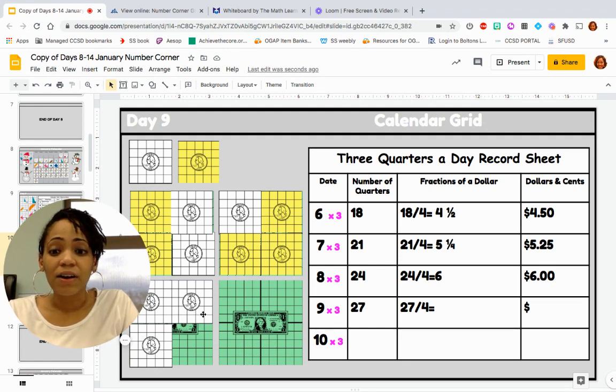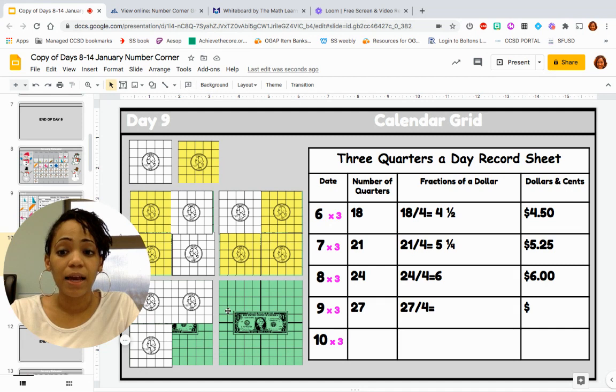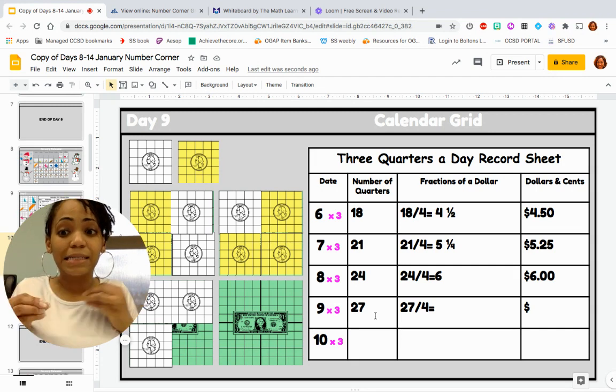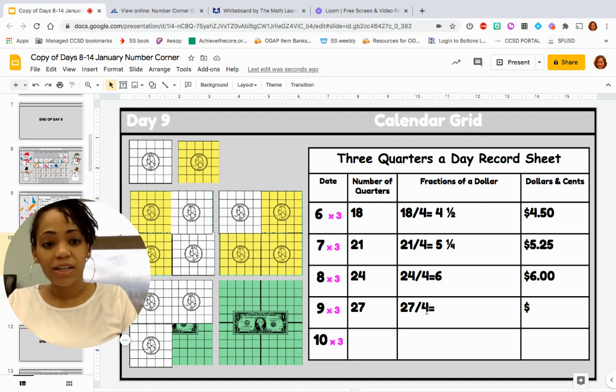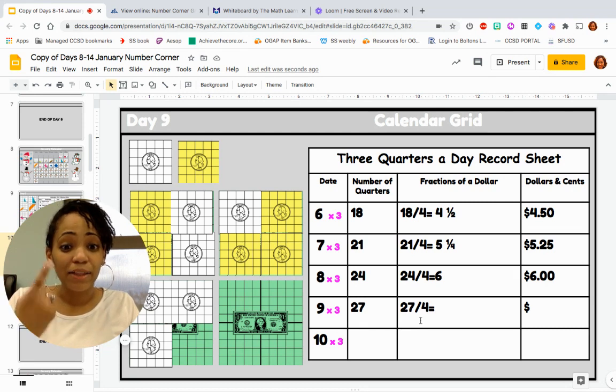So it's day 9. I've already added our 9th 3/4. And so now we have 27 quarters because we know by now that it is 9 times 3, which is 27. And our fractions of a dollar is 27 fourths. Okay, because we're adding 3/4 9 times. So it's 9 times 3/4, which gives us 27 fourths.